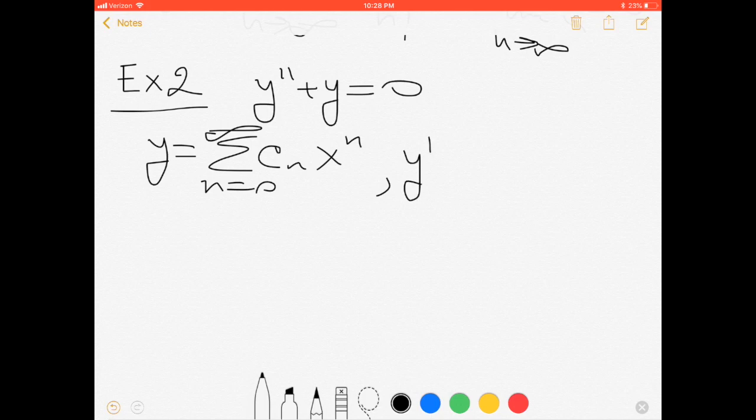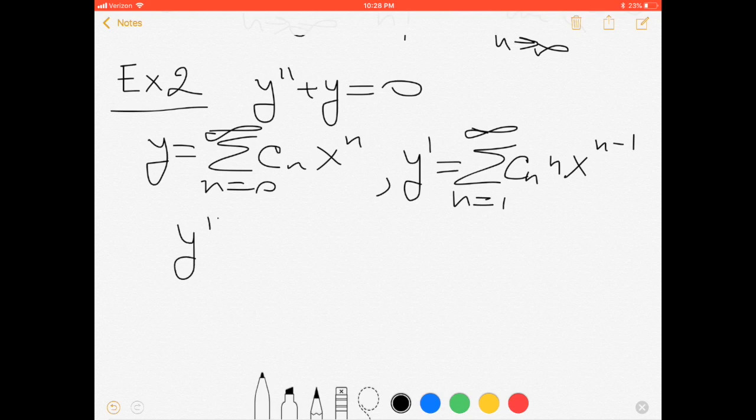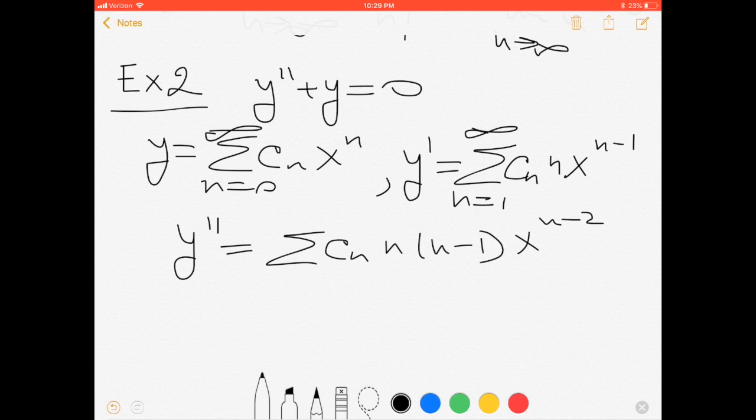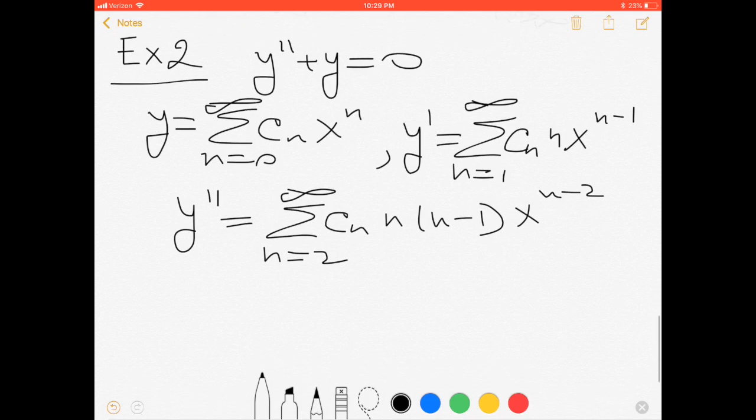The first derivative, as you remember, will be the sum of cn n x to the n minus 1, and n starts from 1 to infinity. And the second derivative will be the sum of cn n times n minus 1 x to the power n minus 2, and n starts from 2 to infinity. Okay. Use this fact and plug it into our equation.